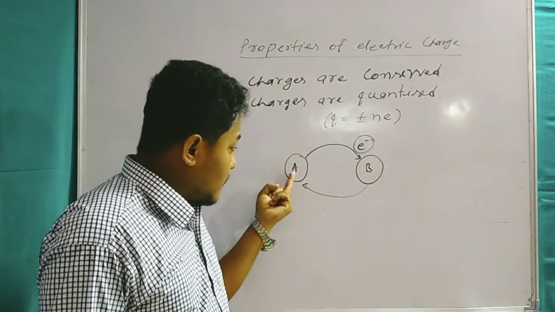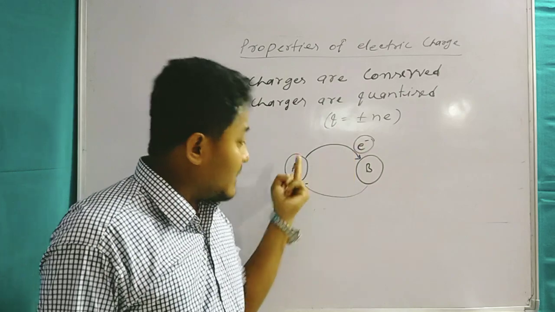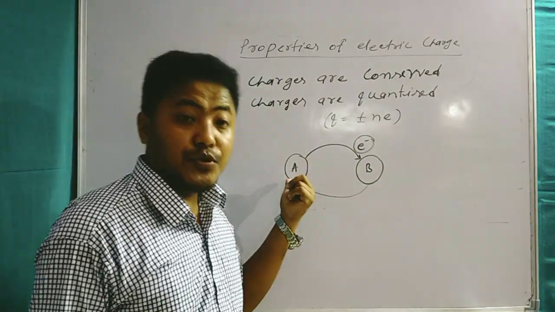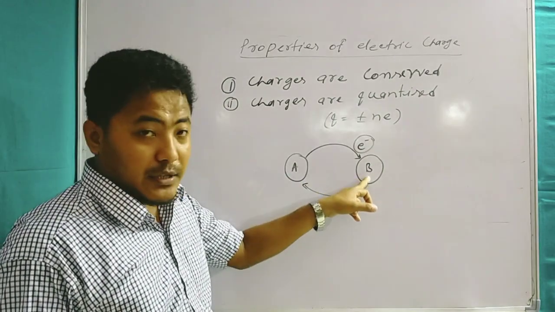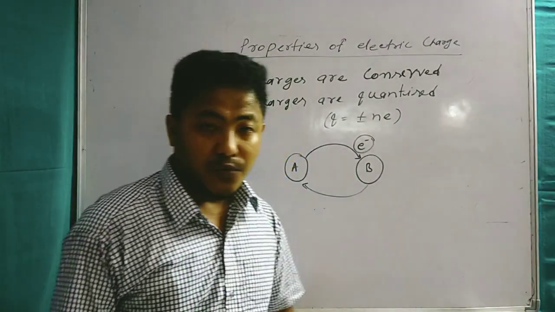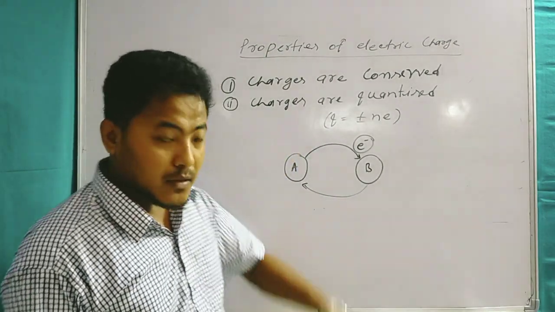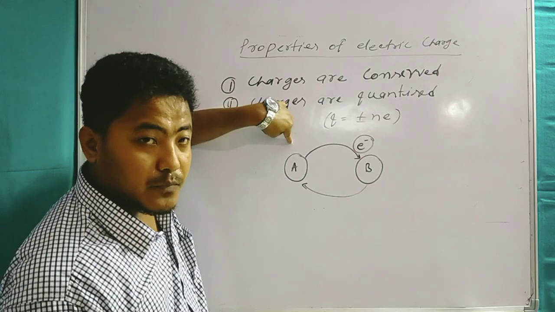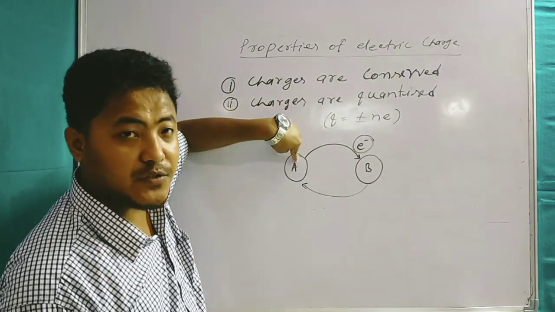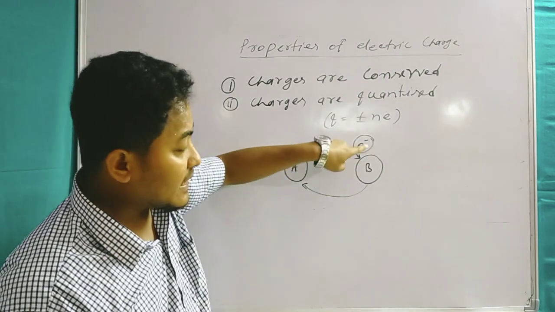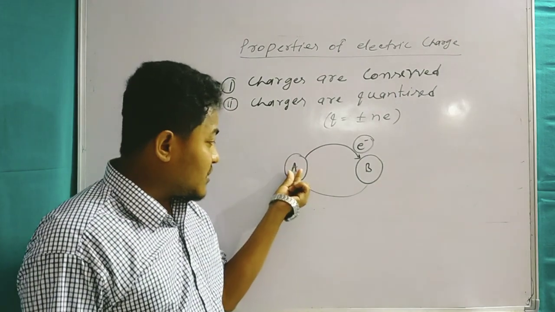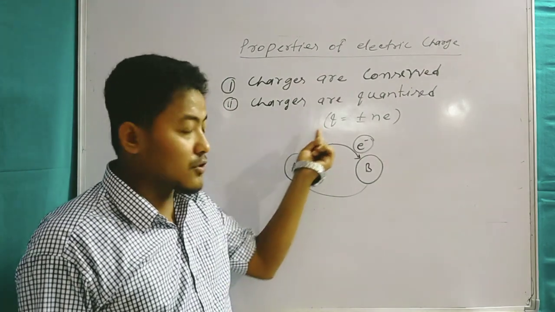If a body loses an electron, it becomes positively charged. If a body gains an electron, it becomes negatively charged. Very important point. Again I am repeating.